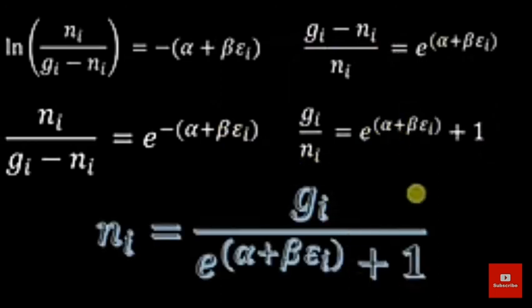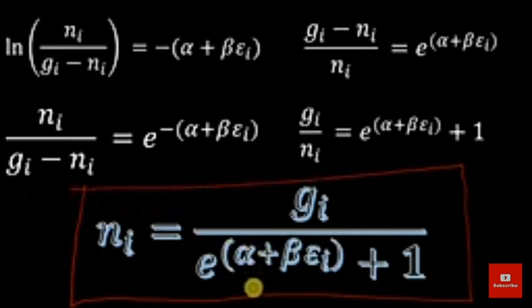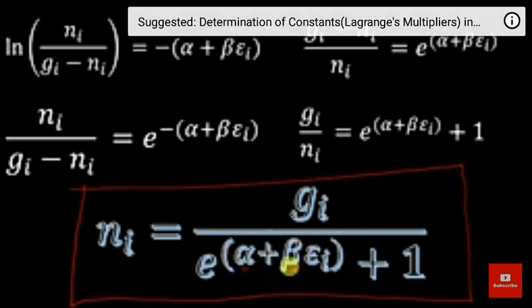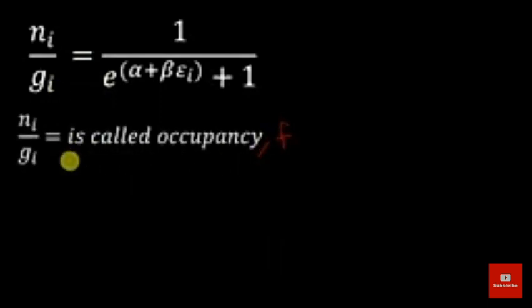Now this is the main Fermi-Dirac distribution law left in here. Now as we know, ni upon gi is the occupancy, which we denote by f.